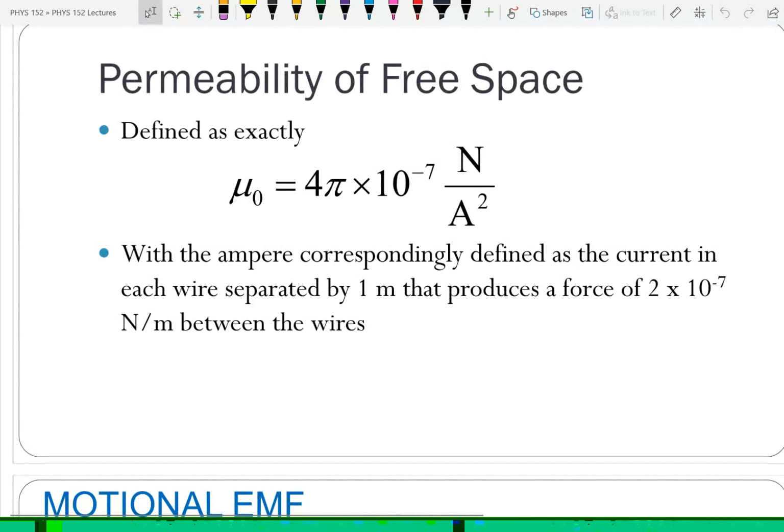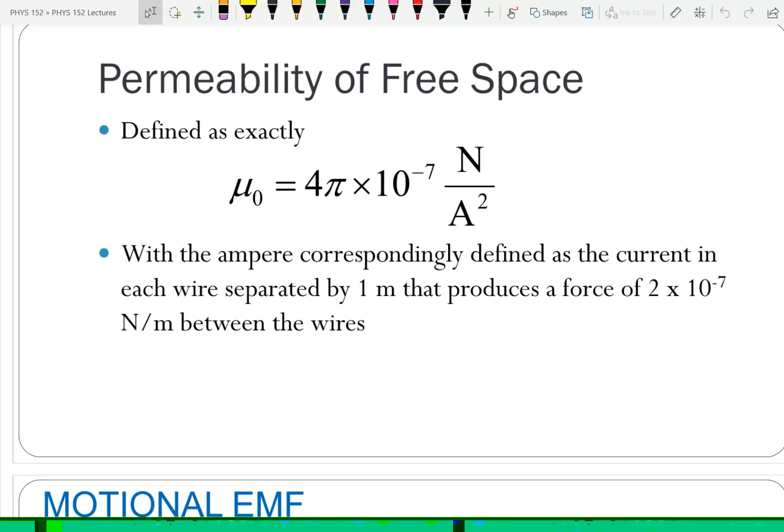Okay. The definition of the permeability of free space. The permeability of free space is defined as this number, 4 pi times 10 to the minus 7 newtons per ampere squared. I think I wrote something different for my units yesterday in class. I had Teslas in there, and I'm pretty sure my units were also correct.